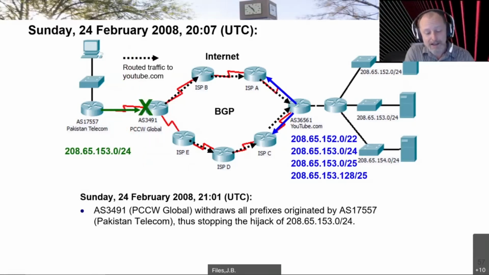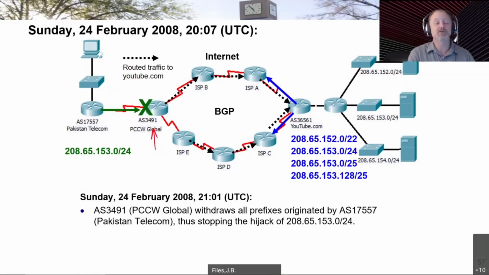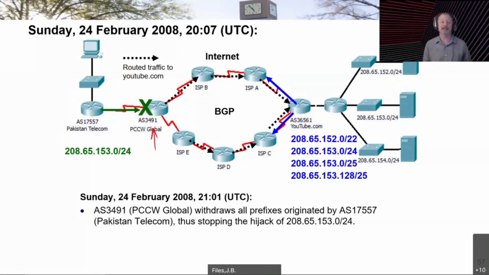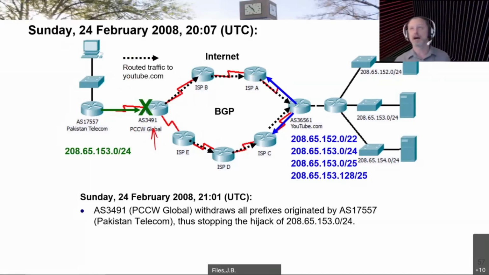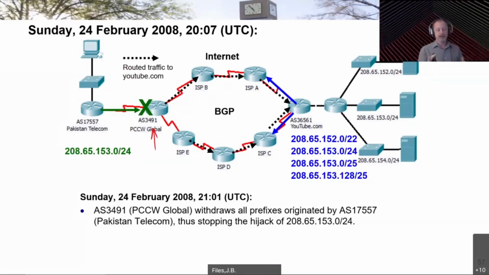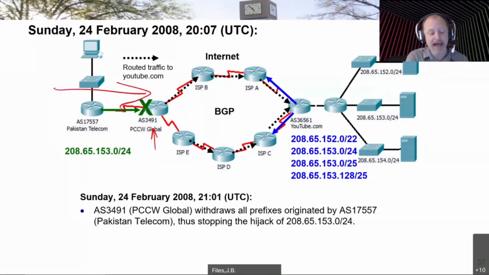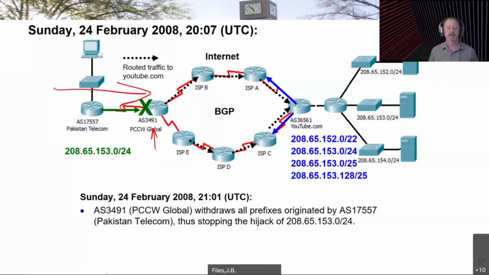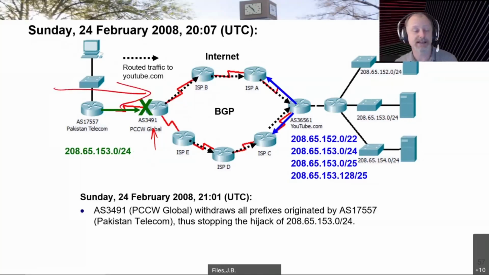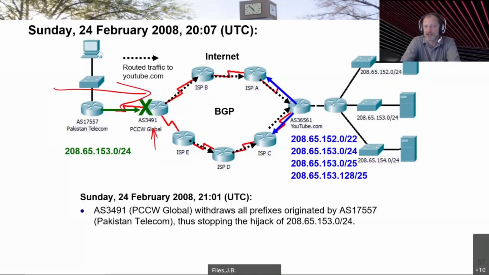So what PCCW Global could have done, now you don't do this as a matter of practice because it defeats the point of having BGP and routability, but what PCCW Global could have done is prevented Pakistan Telecom from advertising any routes that didn't belong to Pakistan Telecom. Now, on the surface of it, you might say, well, yeah, they should do that anyway.